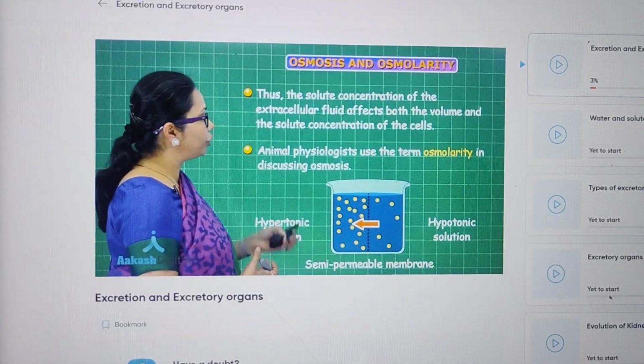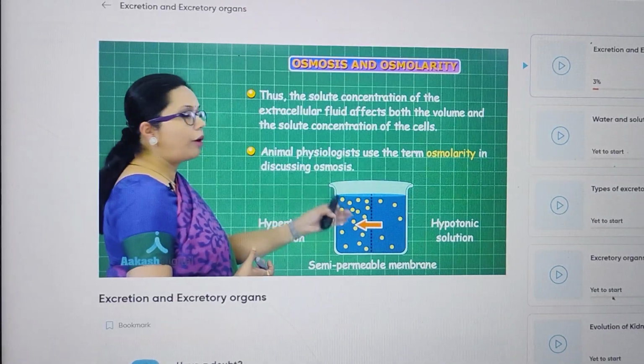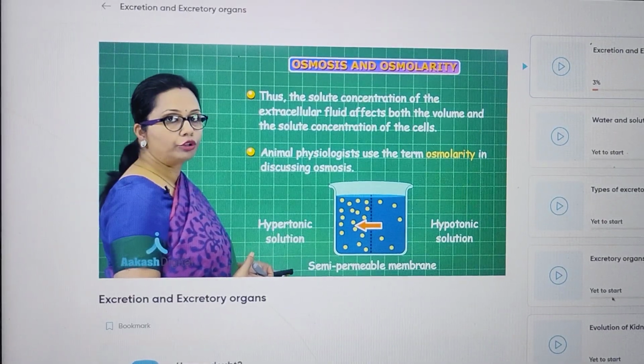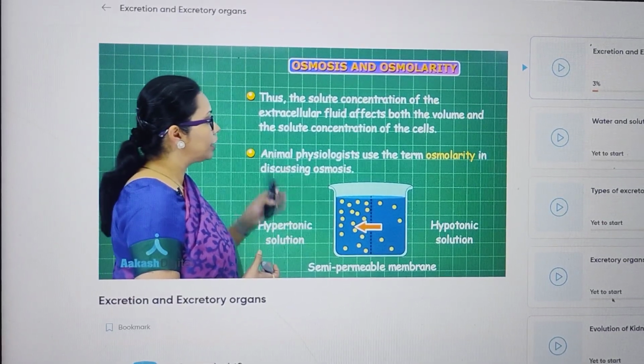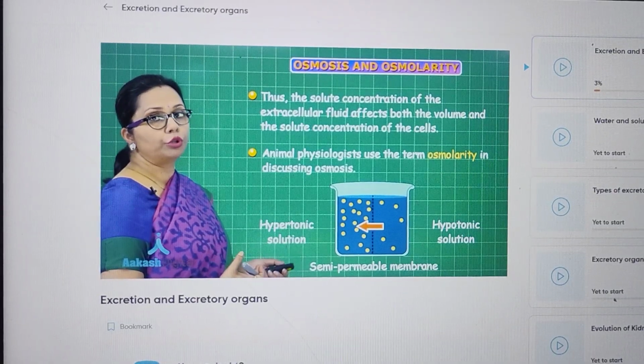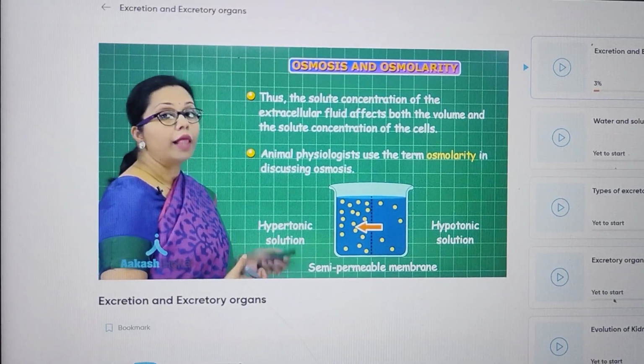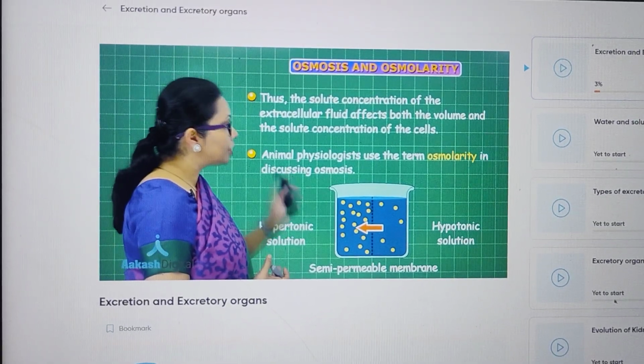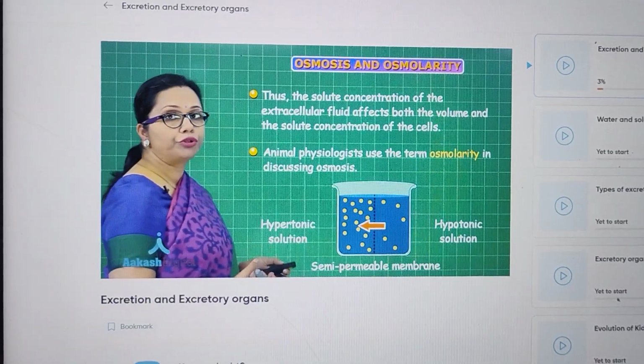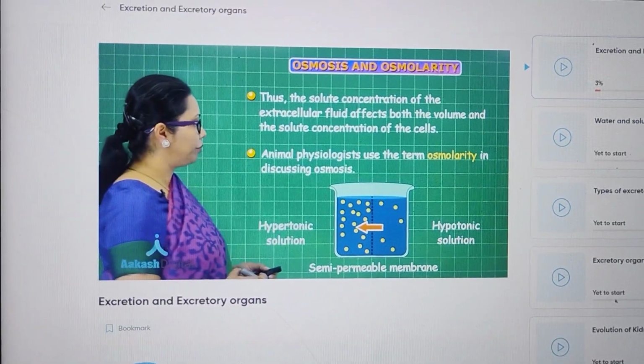So the net movement of the water will be more from hypotonic to hypertonic, and this movement will continue till the two solutions become isotonic. That means the concentration of water in both the solutions is at equilibrium.